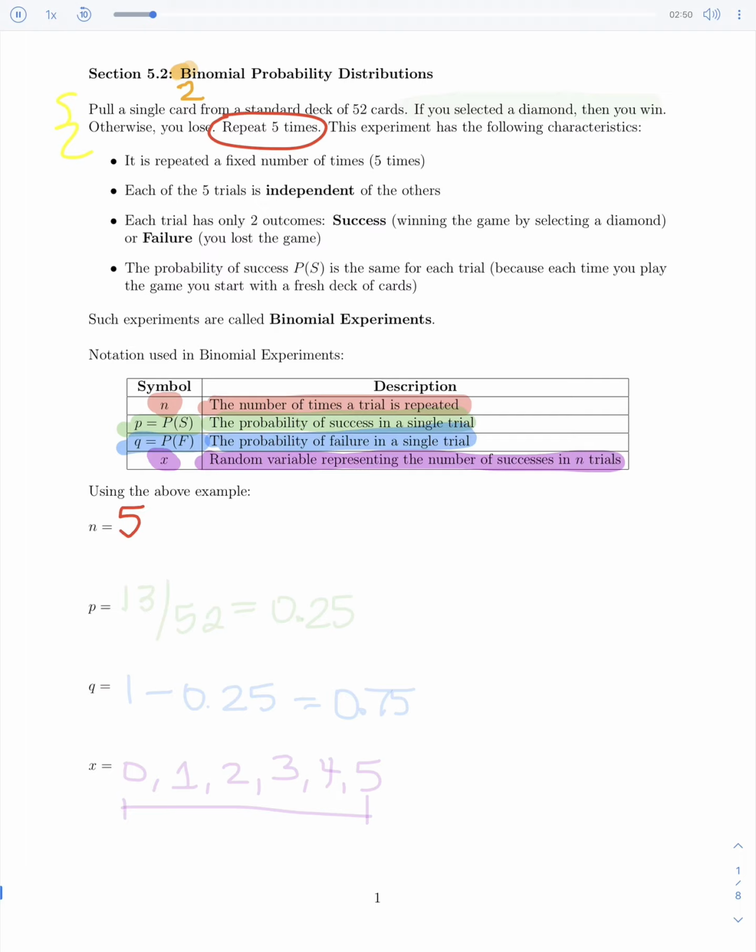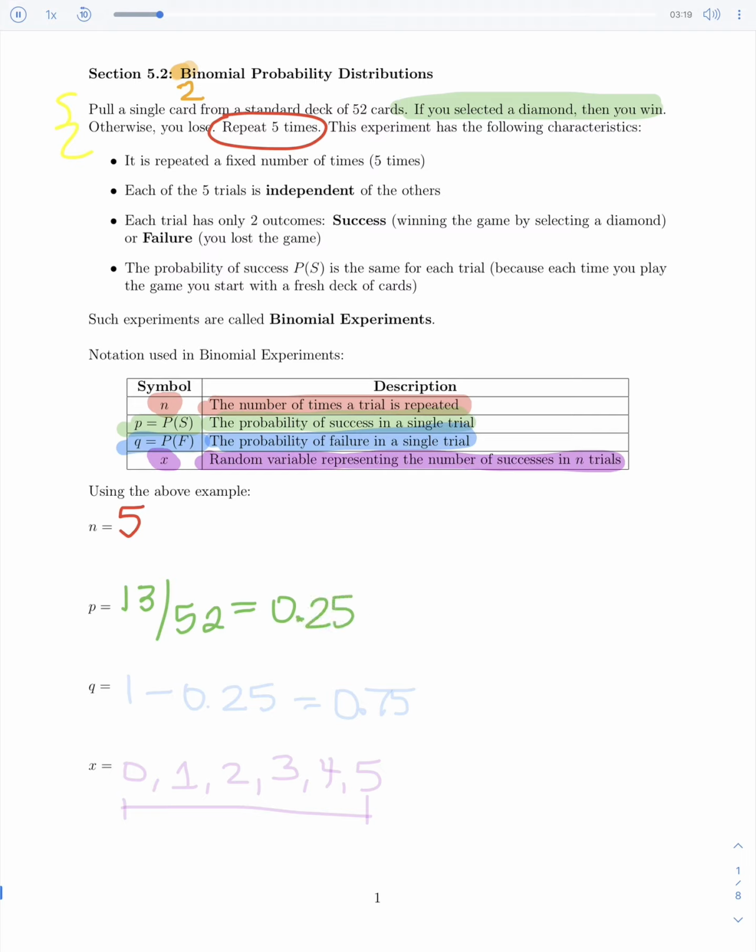If you select a diamond, you win. So success here is going to be considered if you select a diamond. You're going to win. Well, what are your chances of winning? There are 13 cards in each suit, or in diamonds, so there'll be 13 out of 52 cards that are going to be considered winning cards. If we turn that into a probability or a decimal, that'll be 0.25.